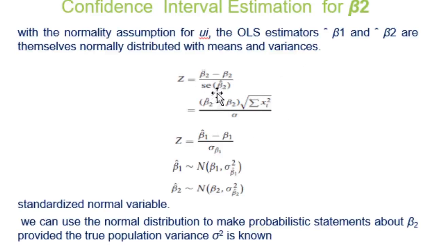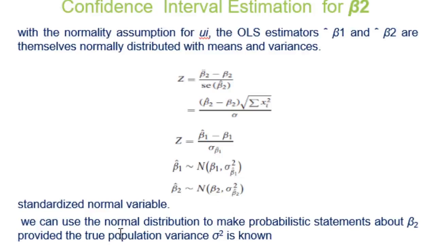The standard error of beta 2 cap is sigma divided by the root of sigma x i square. Similarly, for beta 1, Z equals beta 1 cap minus beta 1 divided by the standard error of beta 1 cap. Beta 1 cap is normally distributed with mean beta 1 and its variance, and beta 2 cap is normally distributed with mean beta 2 and its variance.